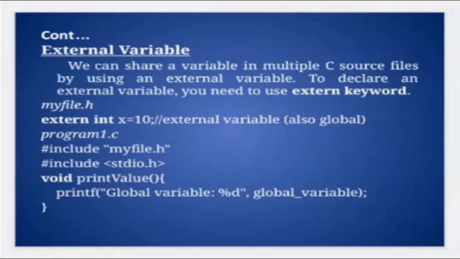Again, the difference between external variable and global variable is that they are the same, but the global variable gives the position, that is, it should be declared outside the function. And extern gives the storage class of that variable, that is, the memory location can reside anywhere in the file.